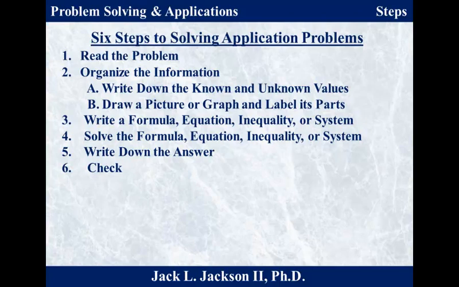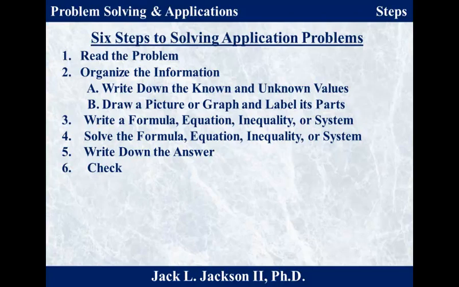So the first thing you want to do is read the problem. Then you want to reread it, and as you go through the second time, you're going to organize your information. You'll write down the known and unknown values. You will draw a picture or graph and label its parts. Write a formula, equation, inequality, or system of equations, and write that down.